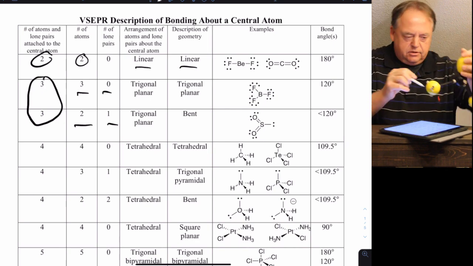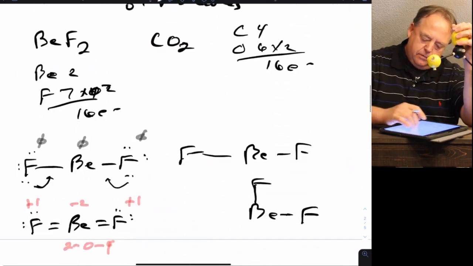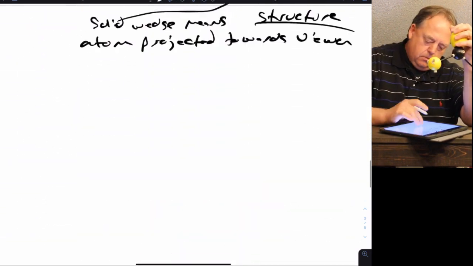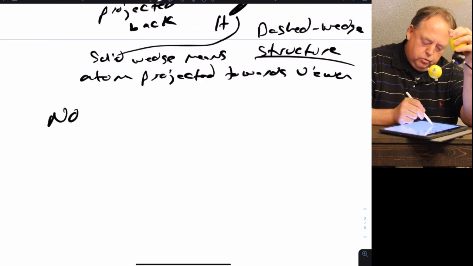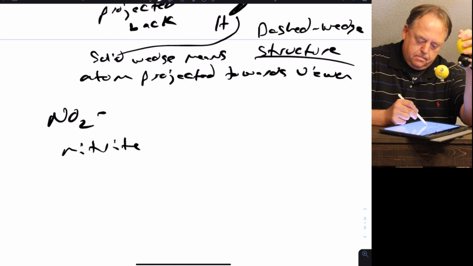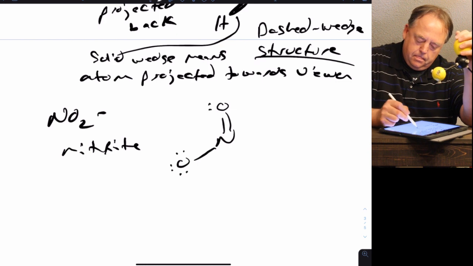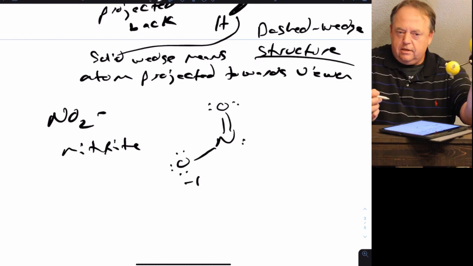So an example of that could be SO2, or a molecule that you're familiar with, NO2 minus, if you remember what that's called, nitrite. So the Lewis dot structure for nitrite looks like that.